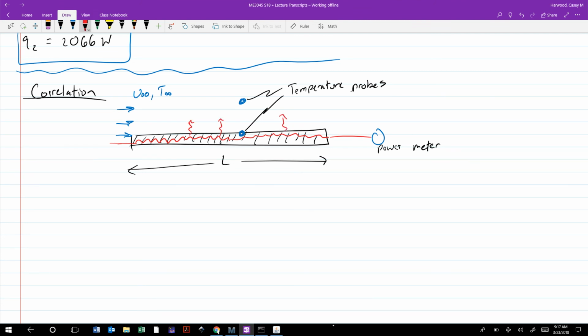into the fluid above. We're going to assume that the sides and bottom of this plate are adiabatic. So this is a case where heat transfer is only occurring out through the upper surface.